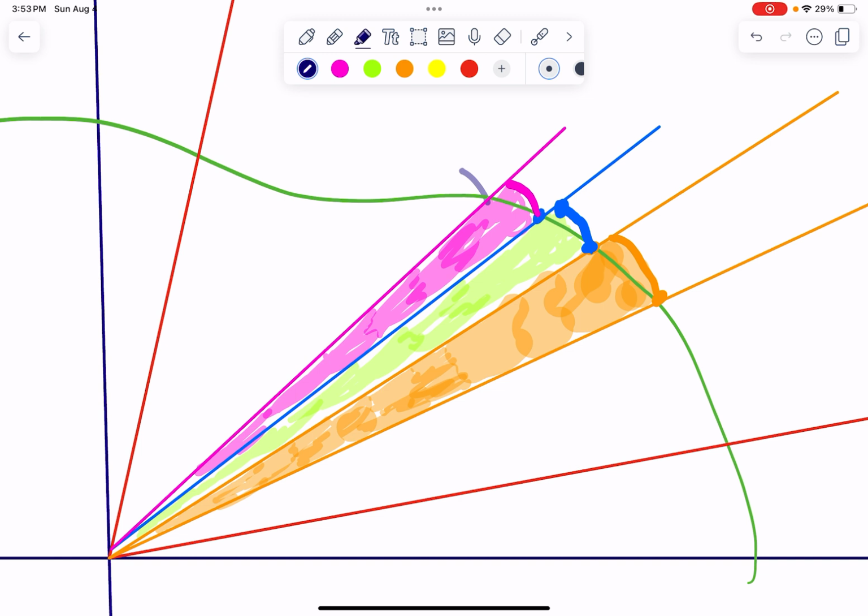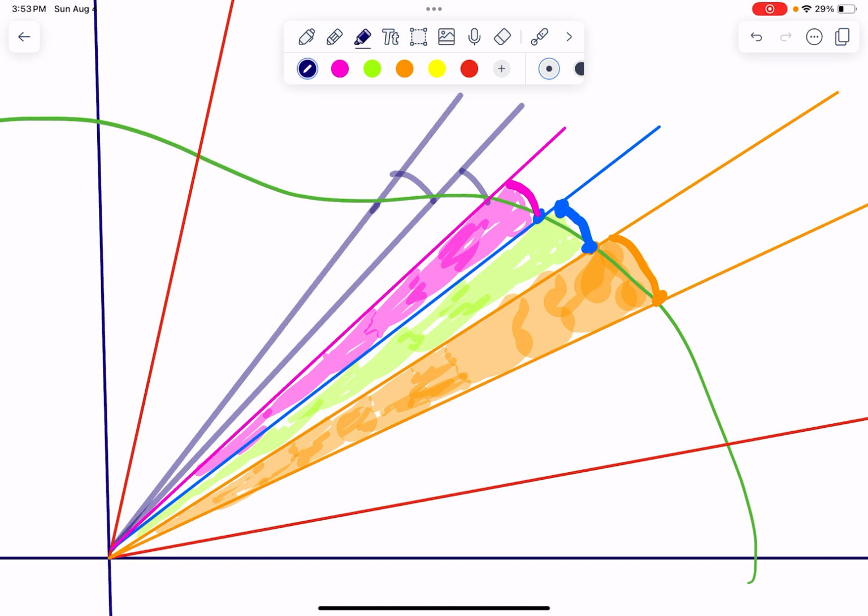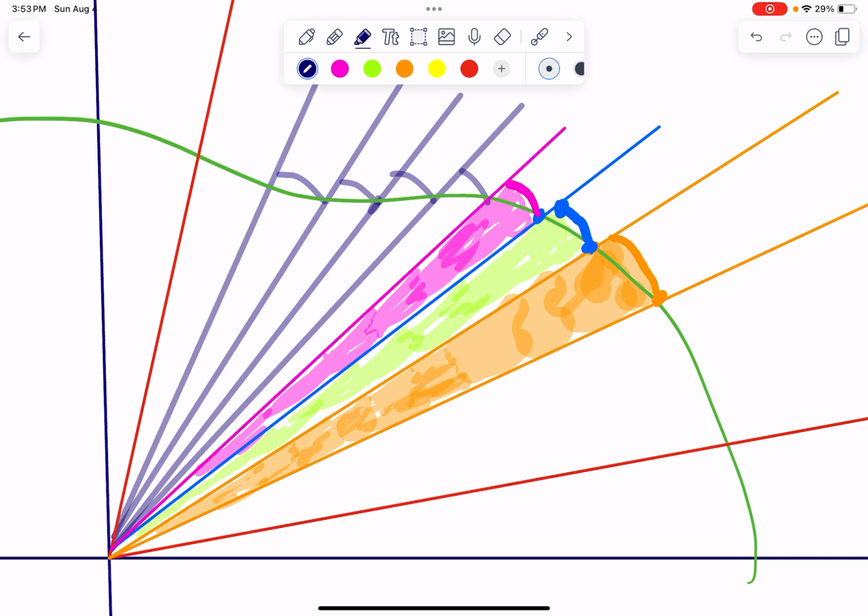then presumably, so I'm going to just do these really fast now, right? Pretend it's a sector, pretend it's a sector, pretend it's a sector, pretend it's a sector. And maybe we'll do one over here.